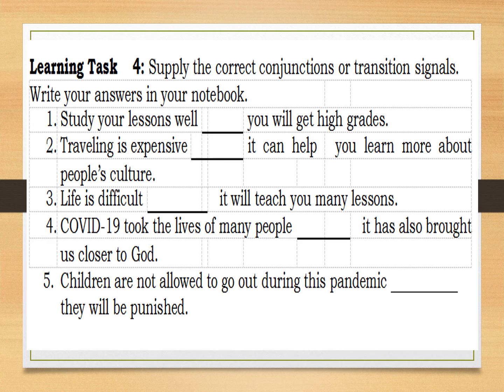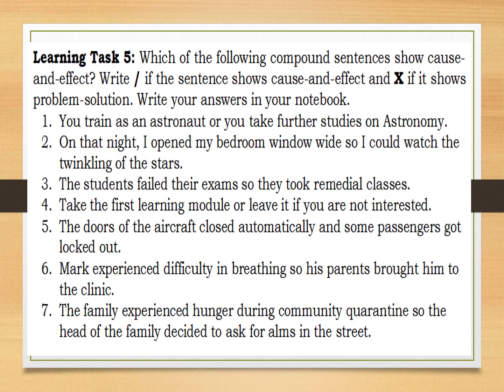Now let's move on to learning task 4. Supply the correct conjunctions or transition signals. Write your answers in your notebook. Learning task 5. Which of the following compound sentences show cause and effect?